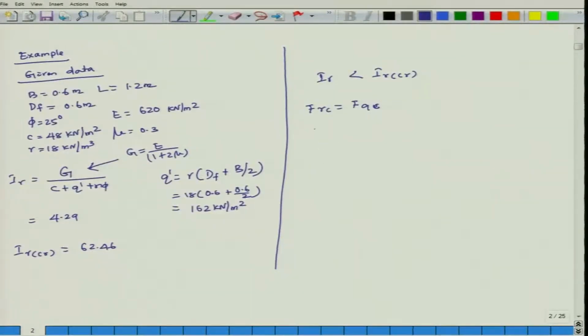From there it is coming 0.347. Then you calculate FCC, because phi is greater than 0, phi is 25 degree, FCC comes out to be 0.216.